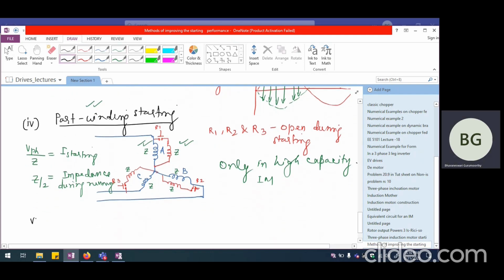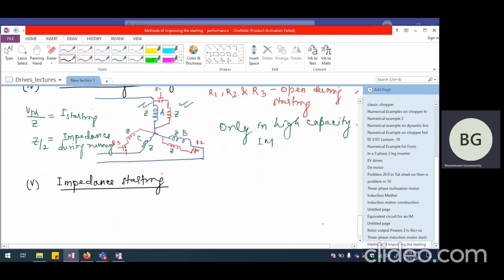Another type of starting method that is very commonly used in many induction motors is impedance starting. The impedance starting method is actually something similar to a DC machine. Like in a DC machine, we said we need to include a larger armature resistance.